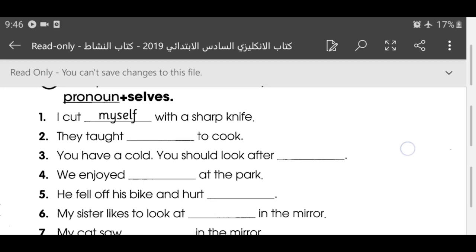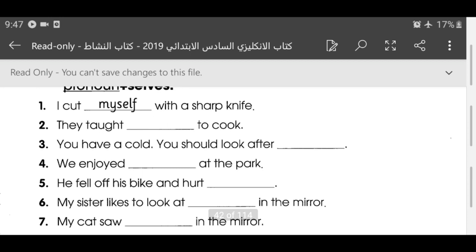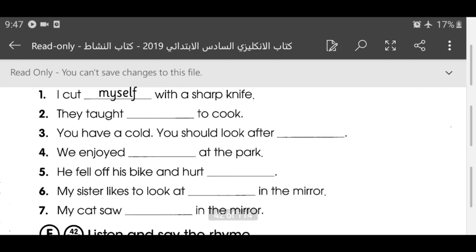Number 3. You have a cold. You should look after yourself. Look after means to take care of. 4.